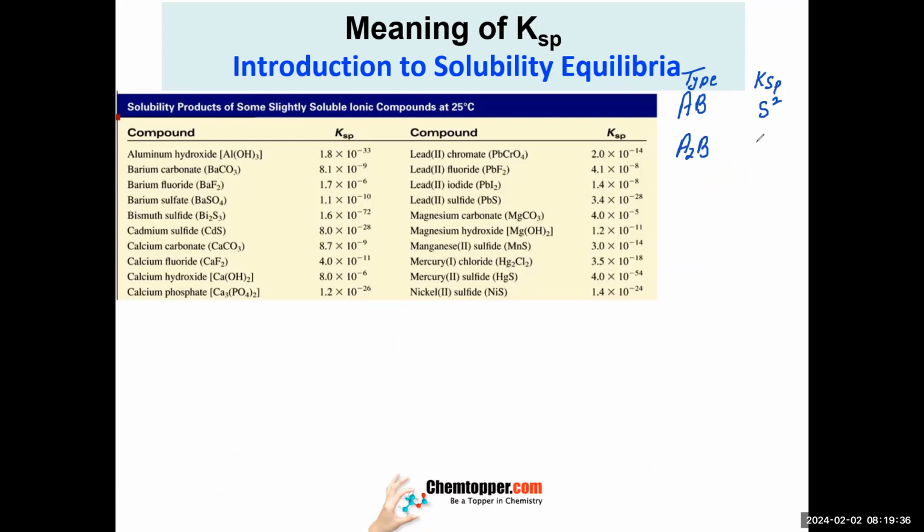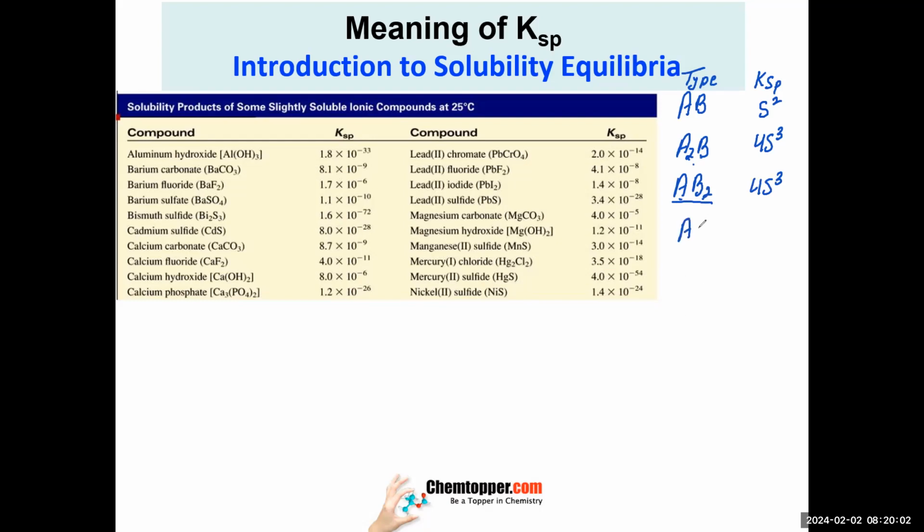What is the Ksp expression in terms of molar solubility? AB2. What is the Ksp expression in terms of molar solubility? AB2, it's the same. 2:1, 1:2, same.